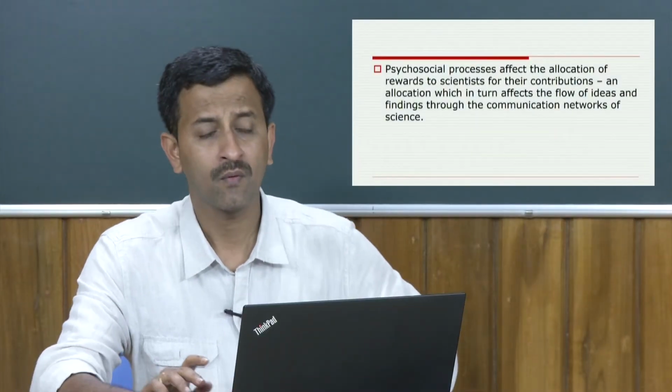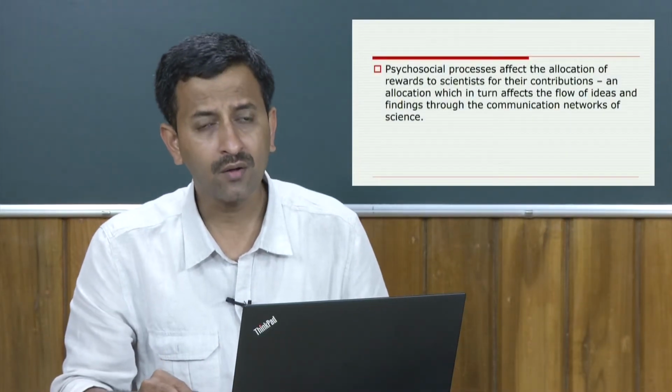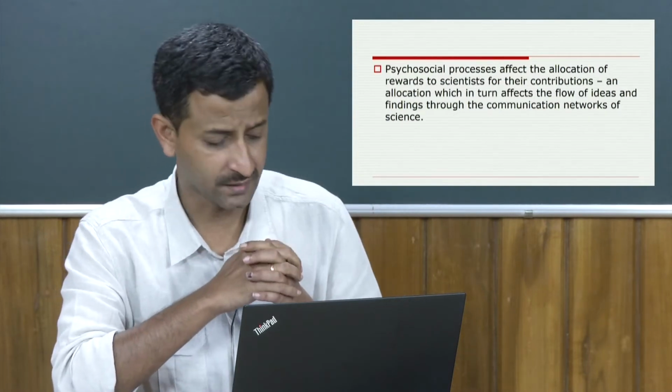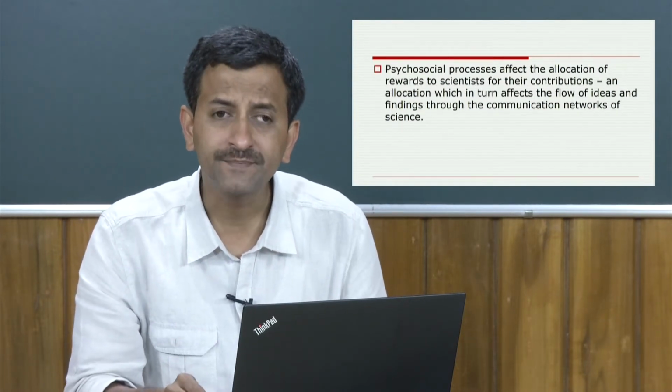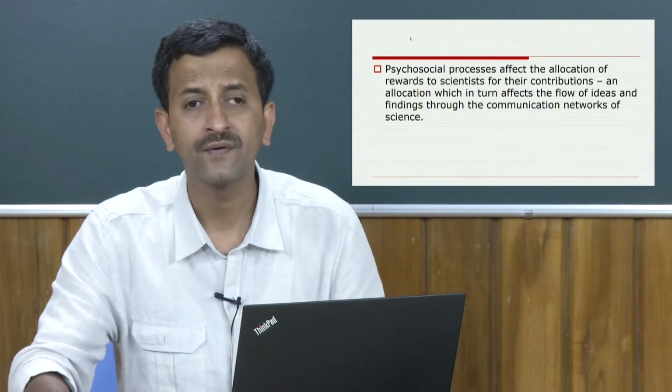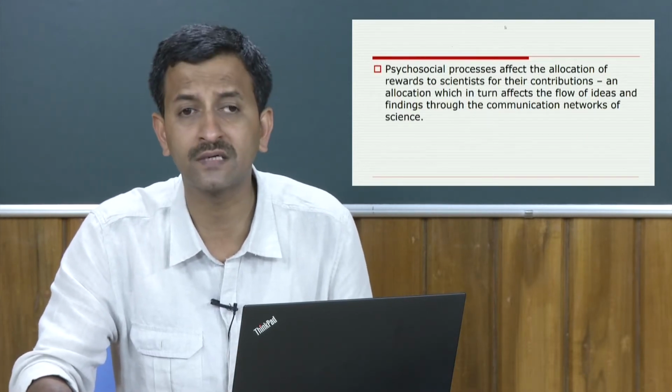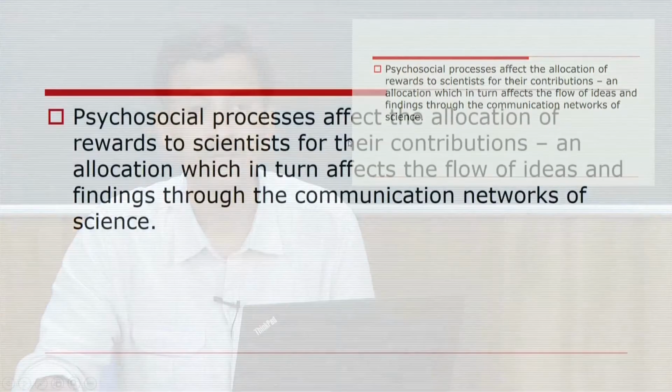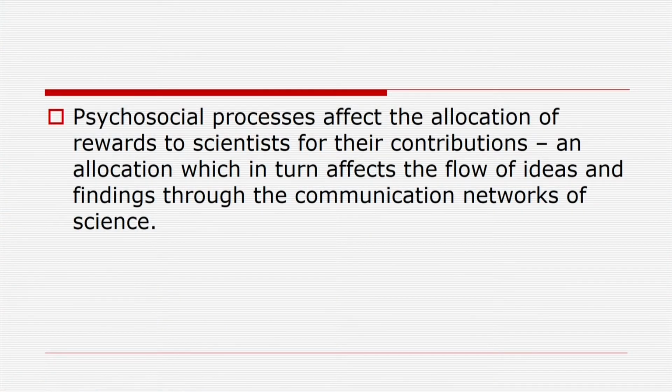Now, we will see how Merton develops a conception of the psychosocial processes by which certain psychosocial processes affect the allocation of rewards to scientists for their contributions.